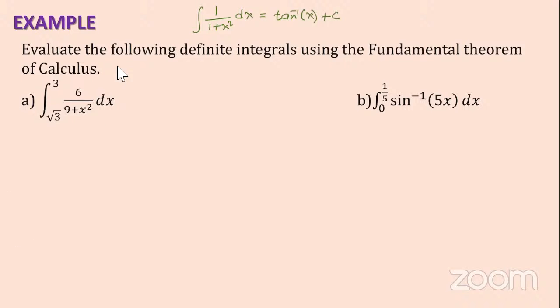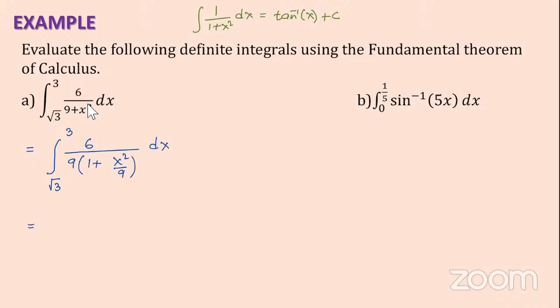So what I'm going to do is manipulate this integral and try to write it in that form. Let's see how we can do that. This is equal to integration from square root of 3 up to 3, 6 in the numerator. Now I can factor out 9 from the denominator, and it will be 1 plus x squared over 9 dx.